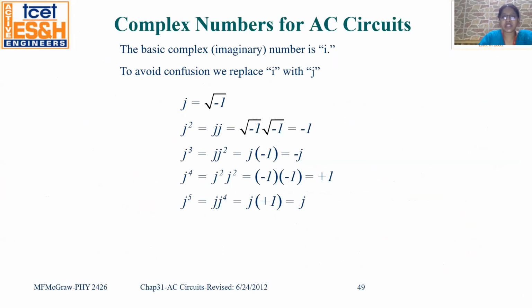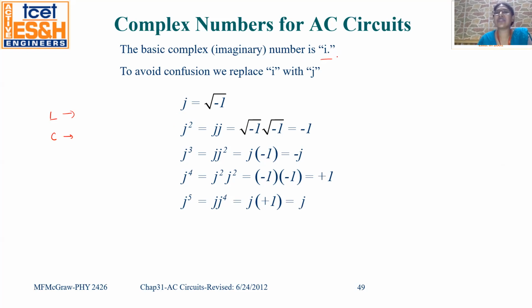Now here we discuss complex numbers, because before going to the inductor L and capacitive circuit, we have to know about some complex imaginary numbers. Everyone knows in mathematics there is a complex imaginary number i.